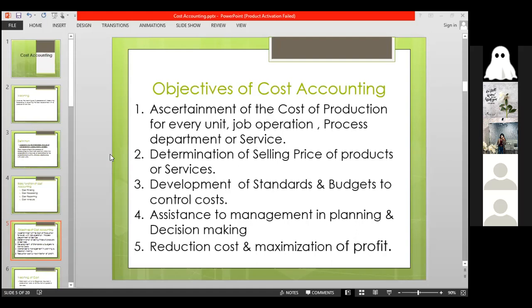Then looking at your other inputs like rent for the plant and salary for the manager, everything, you determine that you want to sell the product for $14. 10.8 was the cost, and you determine to sell for 14. That can be done using cost accounting, but ideally the market will give the price.